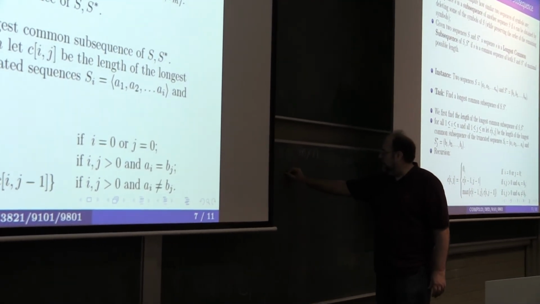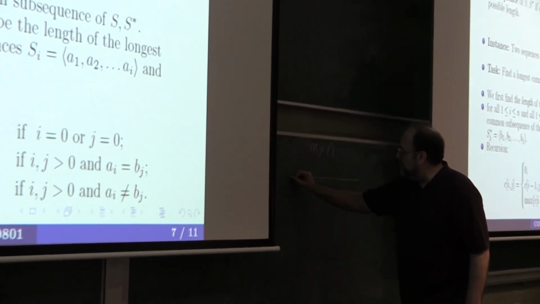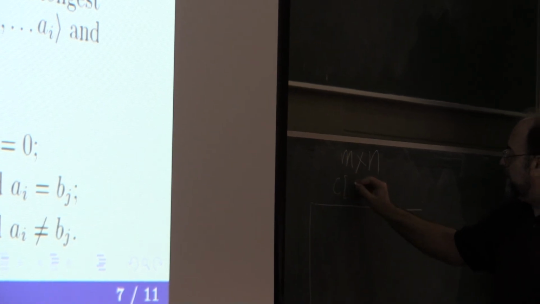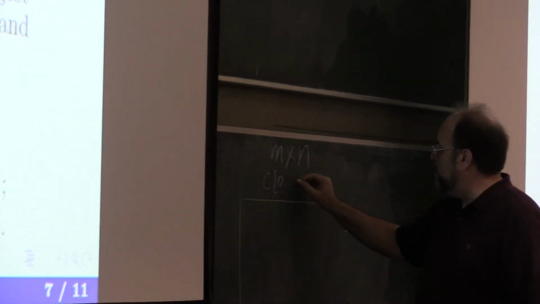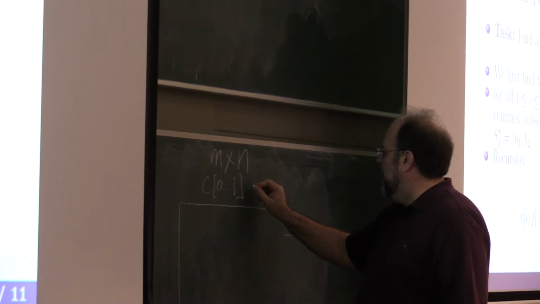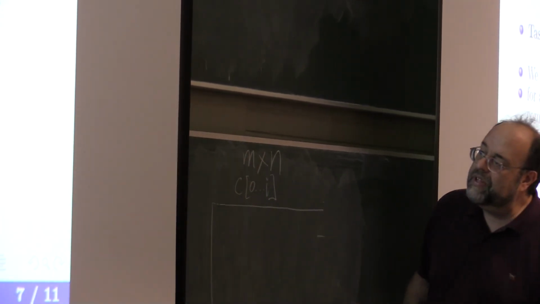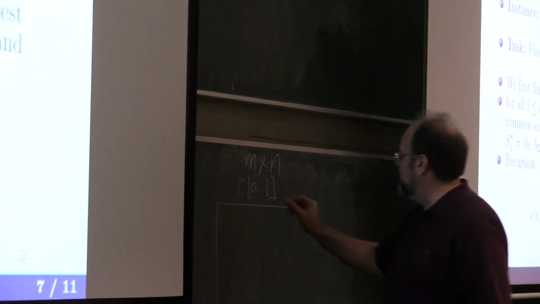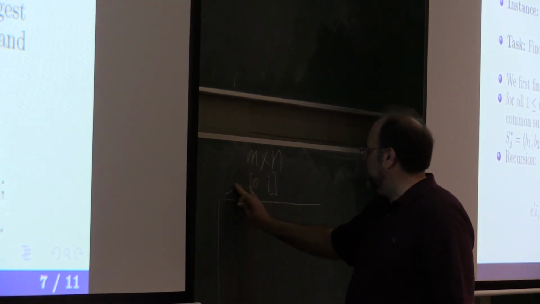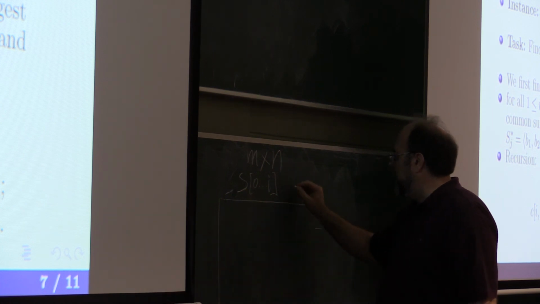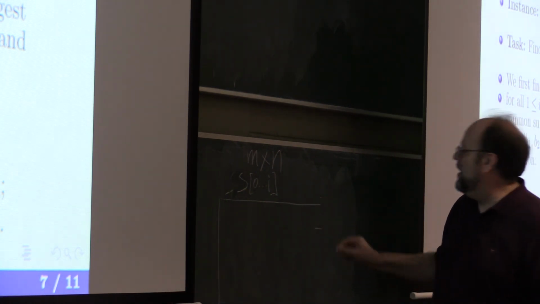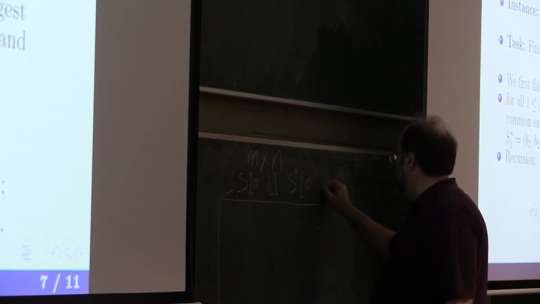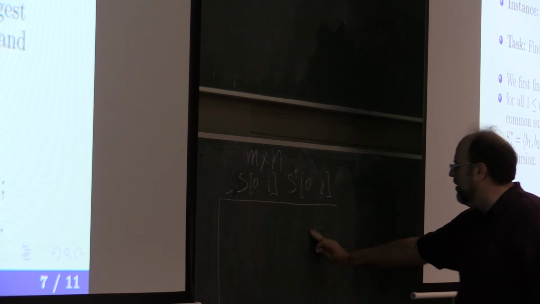We will find the longest common subsequences for all sequences starting from the very first, from C0 up to Ci, and the other one, S star, from 0 to J. Okay?